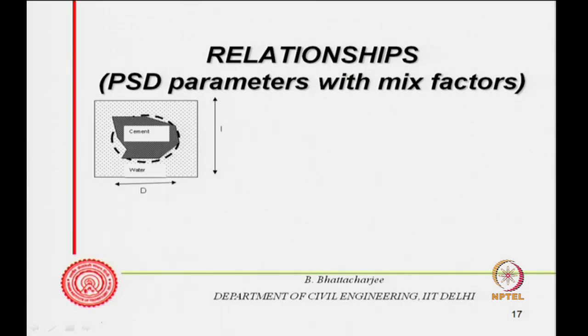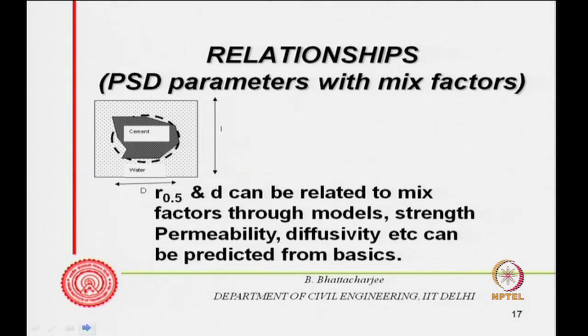But what is its implication in our case? We can find out the porosity by assuming a simple model. For example, this is the cement, this is the water all outside, and R 0.5 and D we can express in terms of mix factors. Through some models, if I know R 0.5 as a function of, let us say, W by C, degree of hydration and age T, then I can get the full pore size distribution.